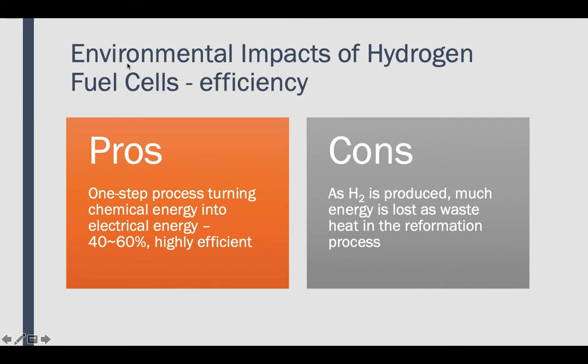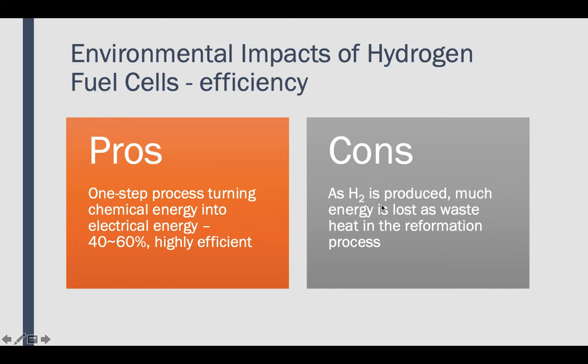And then environmental impacts of hydrogen fuels in terms of efficiency. So fuel cells have a one-step process, turning chemical energy into electrical energy. It reaches an efficiency of 40 to 60%, which is highly efficient. I vaguely remember internal combustion engines' efficiency is somewhere around 30 to 40% in terms of conversion.